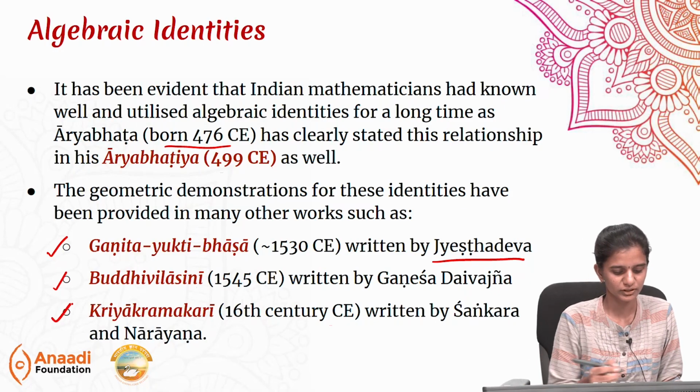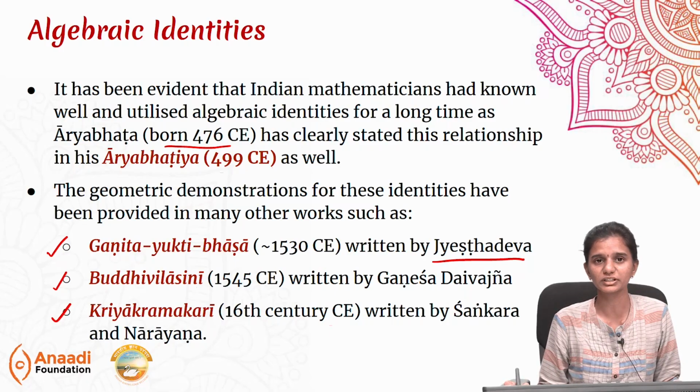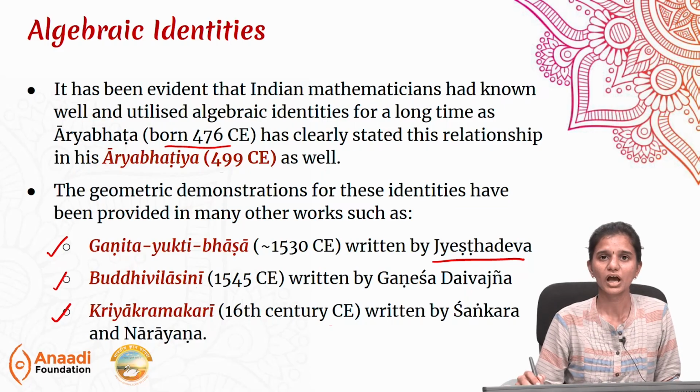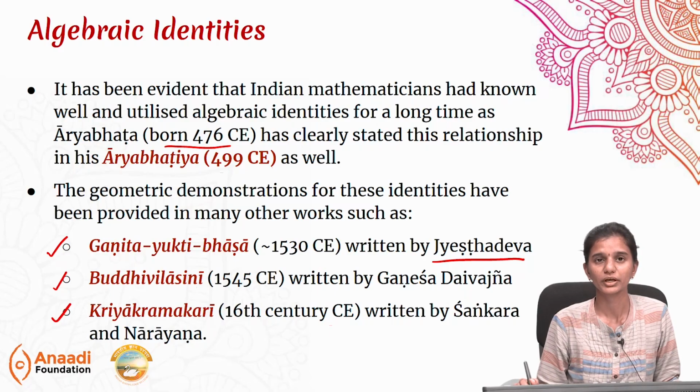The next text is the Kriya Kramakari, written by Shankara and Narayana in the 16th century CE. These are some of the commentaries. Note that works like Aryabhatiya and Leelavati are in the form of poetic verses, whereas these commentaries are in prose, where they give more examples and demonstrations.